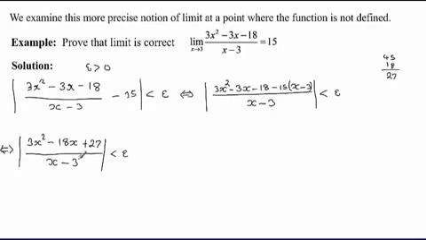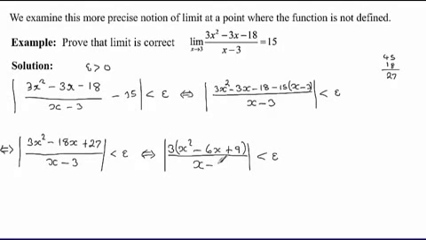Now, we see that we can take out the common factor in the numerator, which is 3. Then we've got 3 times (x squared minus 6x plus 9) over x minus 3.